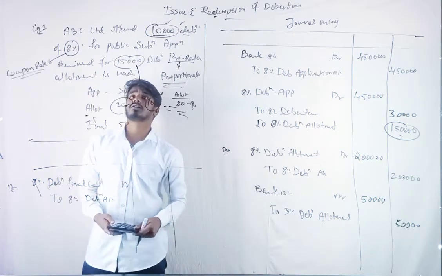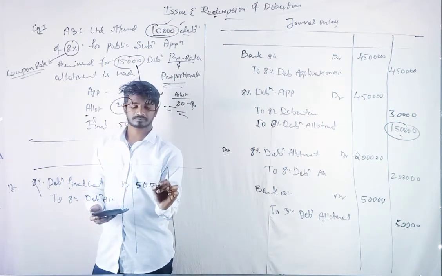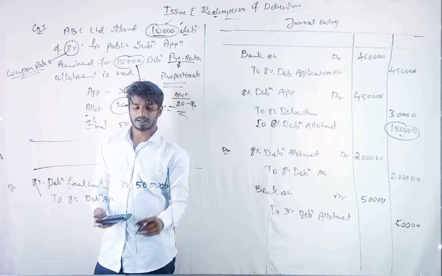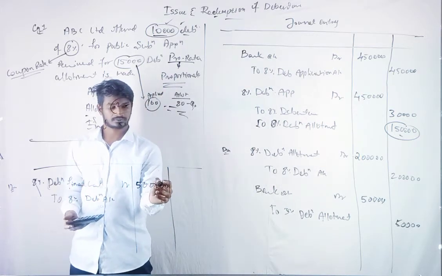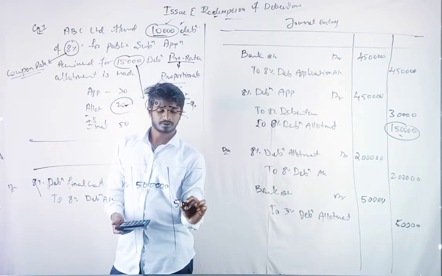How much on final call? 10,000 into 50, 5 lakh. Is that right? Yes, 5 lakh. To debenture, 5 lakh.